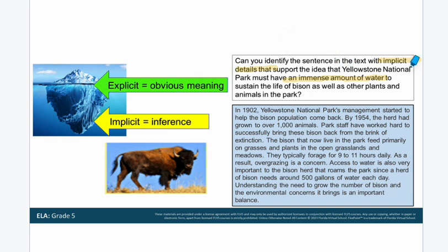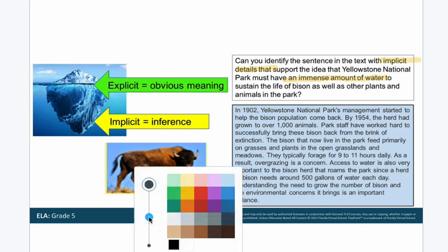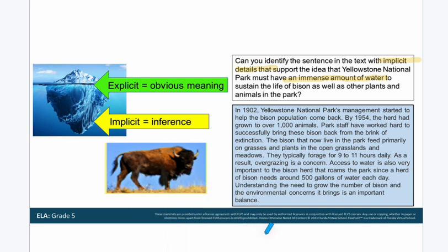So I'm looking for, again, details that support that there must be a lot of water at Yellowstone National Park. Well, it didn't directly come out and tell me that Yellowstone National Park had lots of water, but it did tell me this. There's over 1,000 animals in the bison herd by 1954. Well, that's almost 70 years ago.